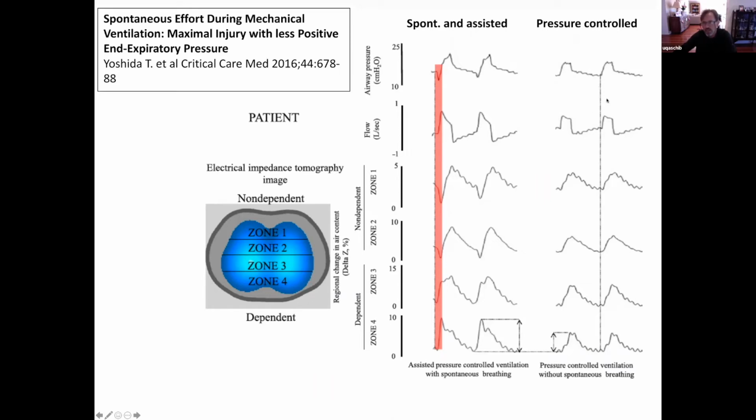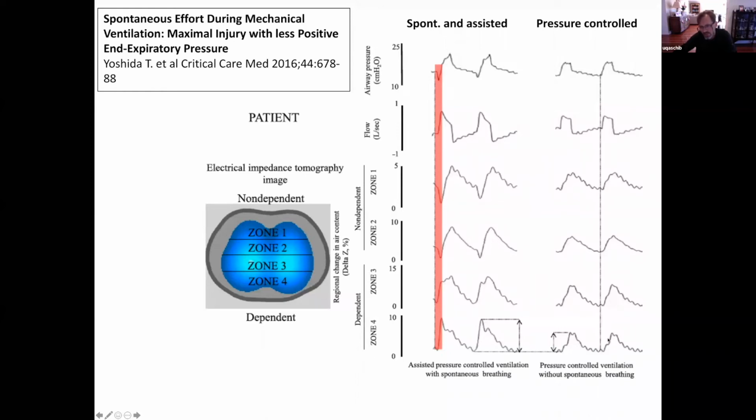If you look at the impedance change in these 4 different zones, from the non-dependent to the dependent lung, you can see in pressure ventilation without spontaneous breathing, there's roughly no big difference in the timing.